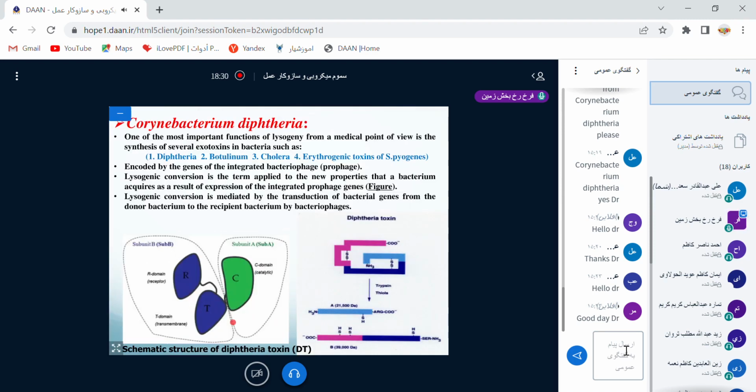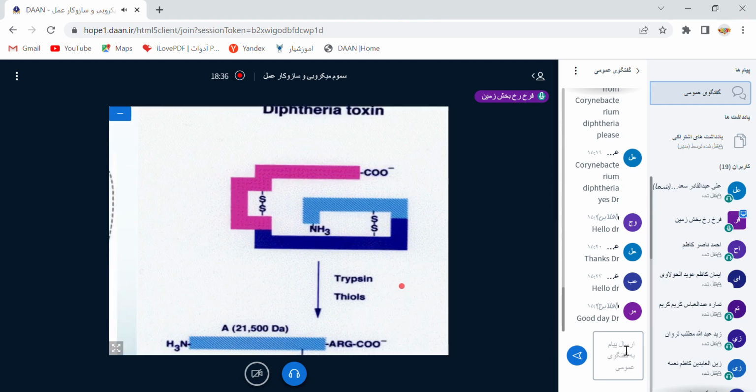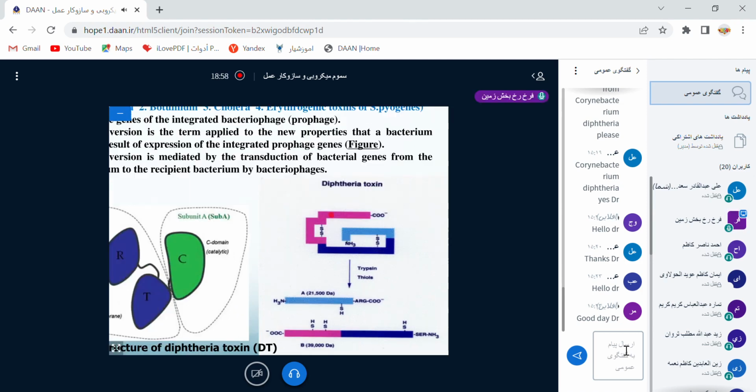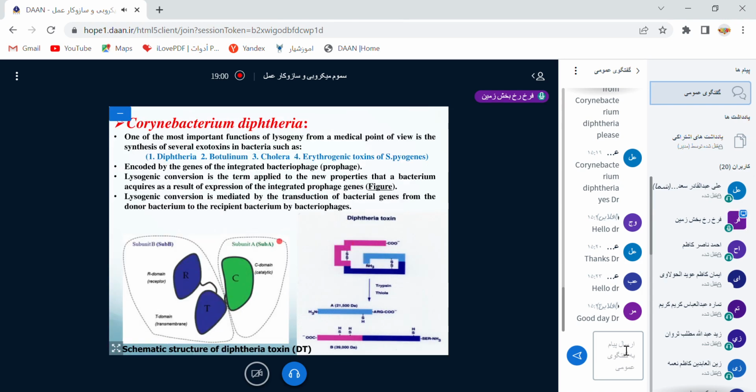You can see 1, 2, and this is the A site. And as is obvious by these disulfide bonds, the B subunit and A subunit attach to each other, and they show this appearance. So it is the diphtheria toxin.